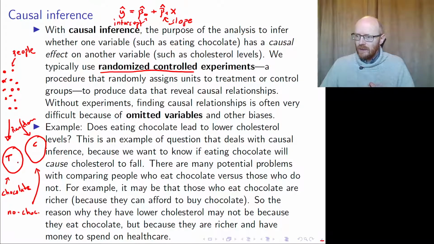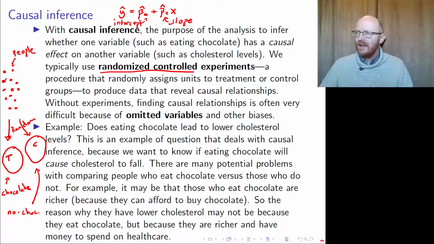So you want these two groups to be virtually equal, and then you want to assign a treatment to one group and no treatment to the other group.